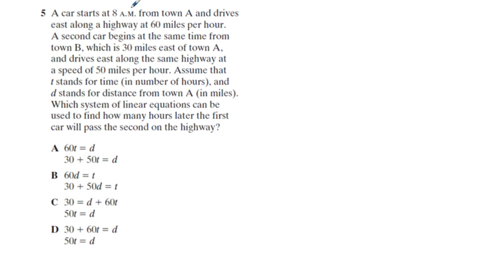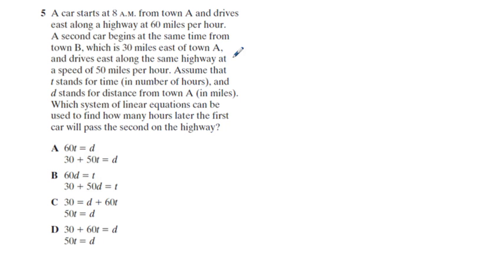Okay, a car starts at 8 a.m. from town A and drives east along the highway at 60 miles per hour. A second car begins at the same time from town B and drives east along the same highway at a speed of 50 miles per hour. So time can be hours, right?